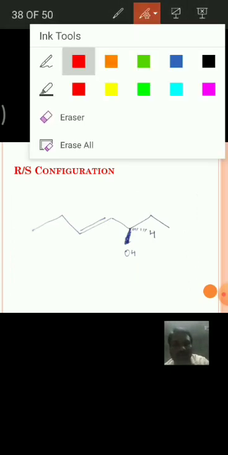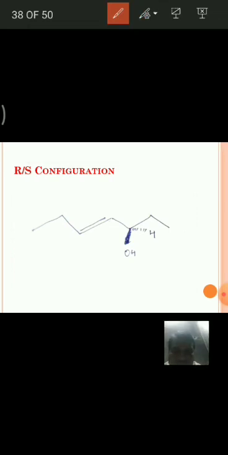Next, see, if we have to assign configuration to these type of chiral centers, just consider this. Again, assign the priority to the groups attached to this. First one, this OH, we know that.